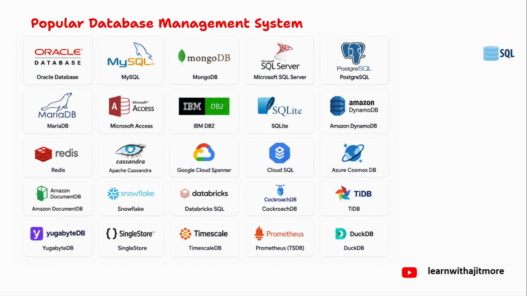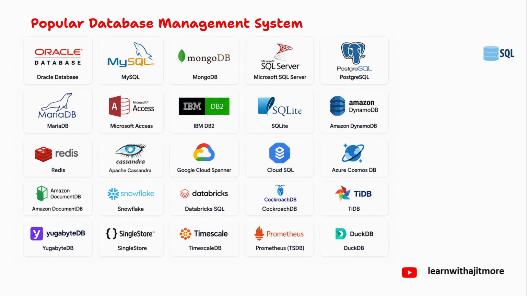And then database management system. It's a software that is going to manage your data, give the facility of creating your database, doing manipulation on that database, and providing security for that database. But to talk with a database management system, there is only one language, that is SQL, right?